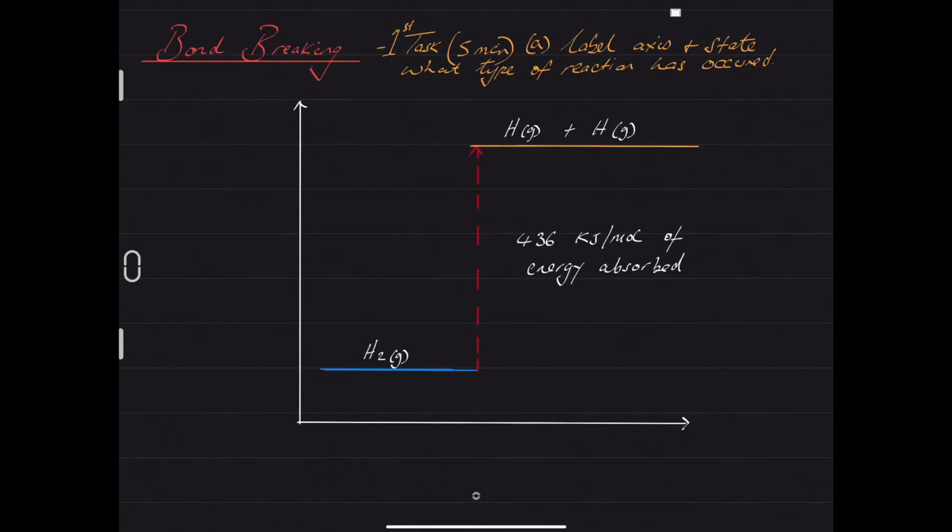You are to tell me what type of reaction has occurred, whether it's exothermic or endothermic. And then you are to also label the products and reactants correctly. So can you take 5 minutes and submit your answers back to me on Teams?